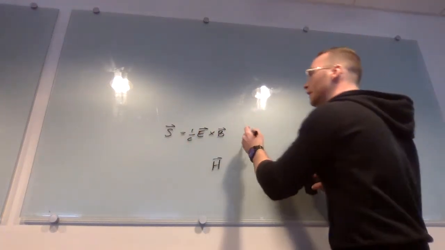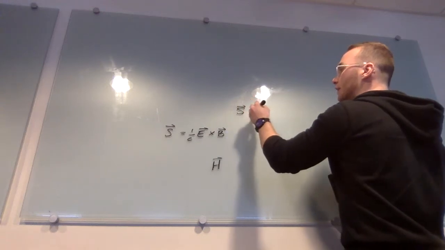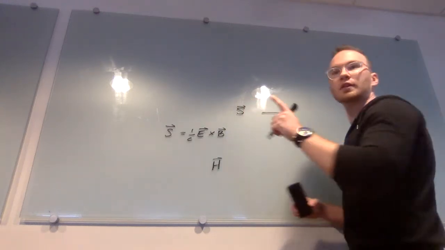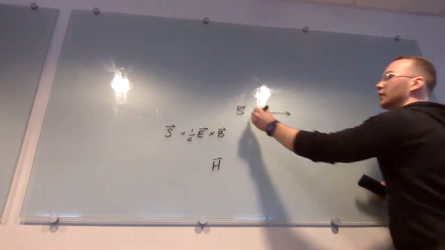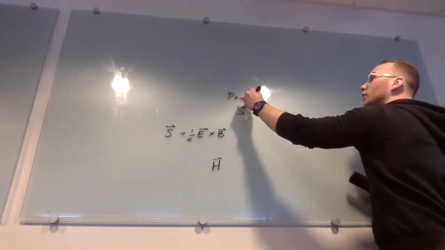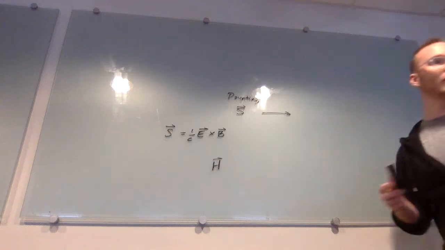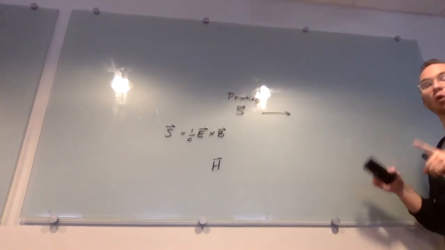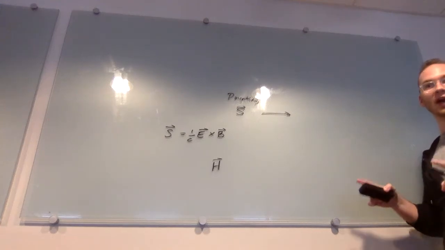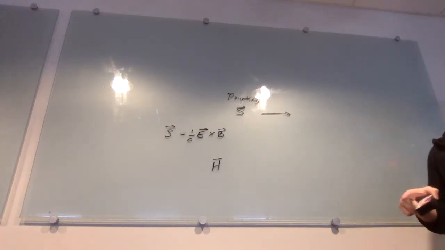Anyway, the point is the S, the Poynting vector. It's not called that because it's pointing; it's named after someone named Poynting. But it's really helpful because it literally points in the direction that the light is going.